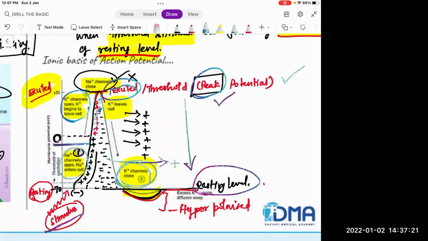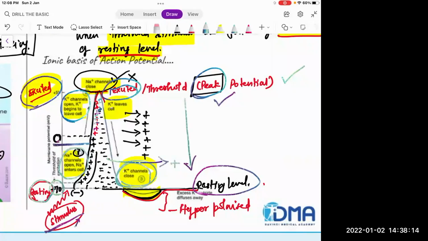Once there is a presence of stimulus, the stimulus is required to make the cell move from the resting state to the excited state. The resting polarized state is minus 70 millivolt, because we have seen that polarized is always negative.